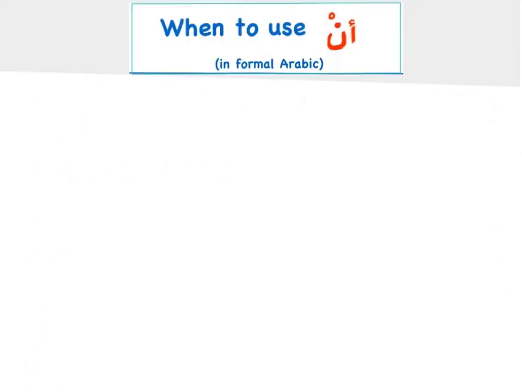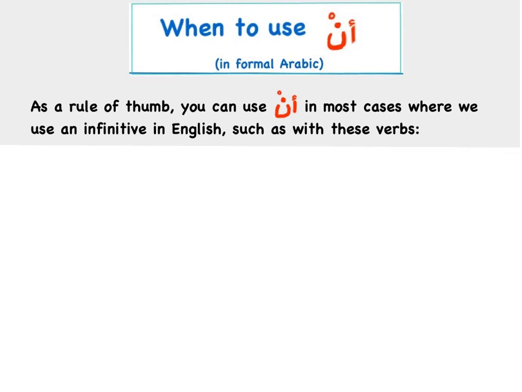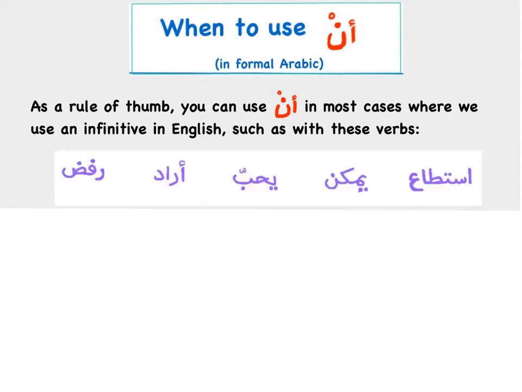Enjoy. Okay, now let's look at when to use أن in formal Arabic. As a rule of thumb, you can use أن in most cases where we use an infinitive in English, such as with these verbs. Verbs are استطاع, يمكن, يحب, أراد, رفض.